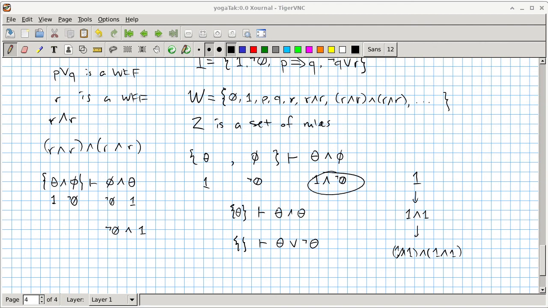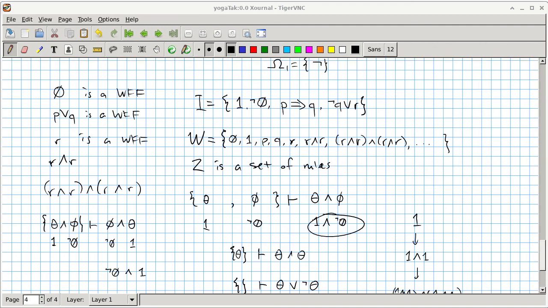The problem in this specific case is I can now pose a question. I can now say, well, what about this? Is that true or not? If you already have taken a class in logic, then you go like, yeah, we know that for sure that is true. But remember, the propositional logic system is completely syntactic.